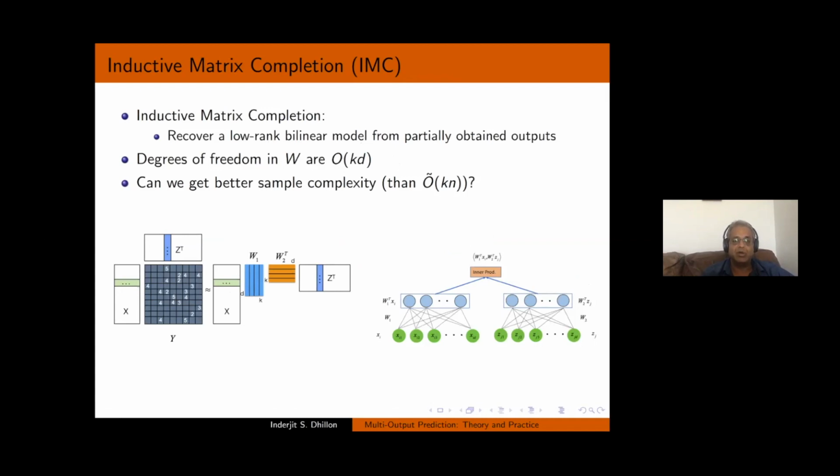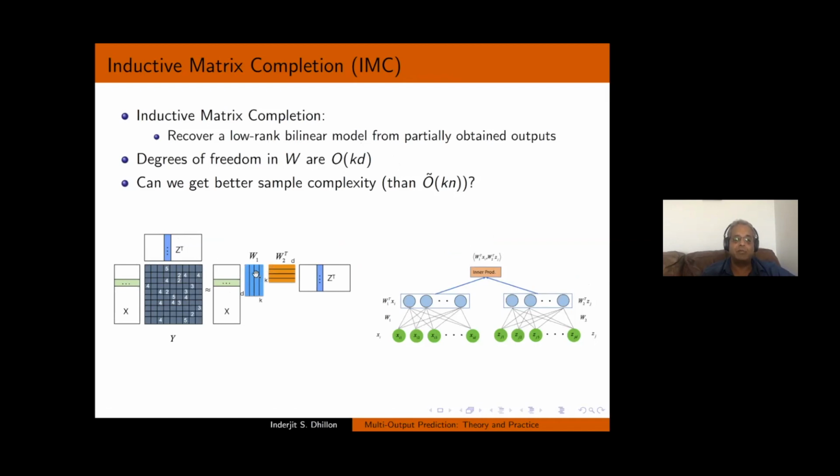of freedom are not actually proportional to n. So n is the number of rows, and for simplicity, we'll assume that it's the same as the number of columns, right? But the features are in d-dimensional space.